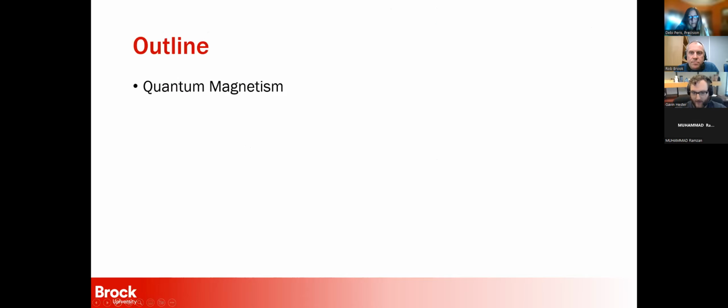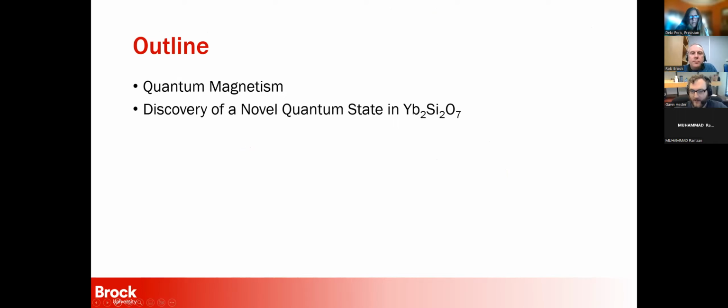So a little bit of an outline. My very specific focus is in new quantum materials and specifically quantum magnetism. First I'll give a little bit of an introduction to that for those that may not be familiar. Then I'm going to discuss this compound ytterbium silicate, where we discovered a new quantum state that was not expected for a system based off ytterbium atoms, as this one is.